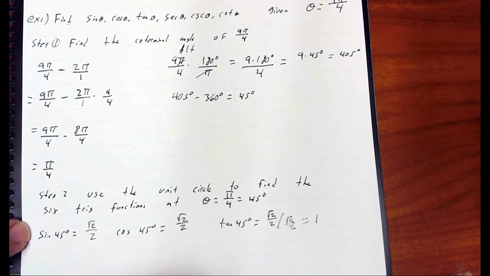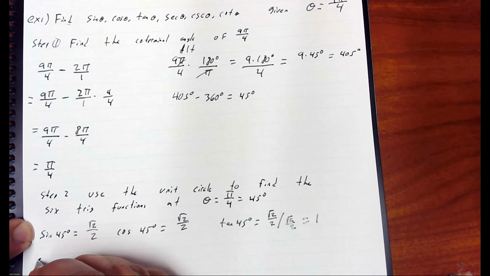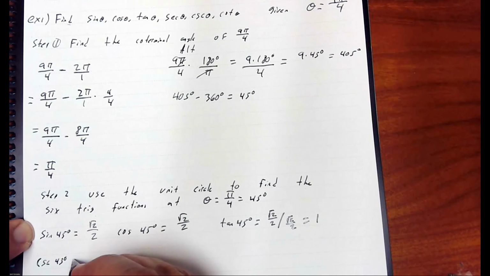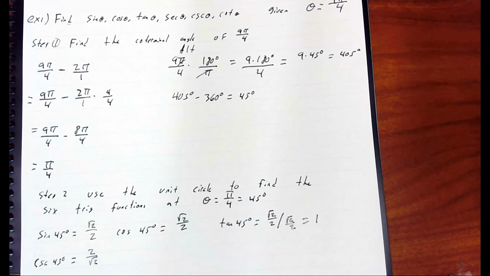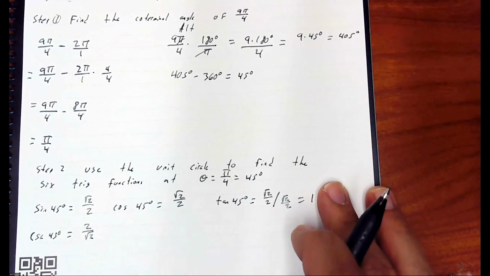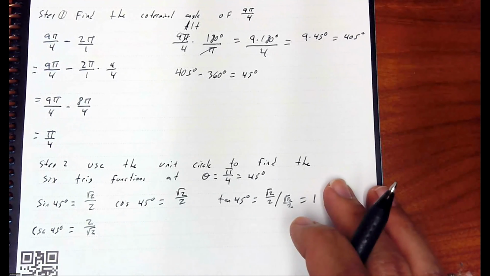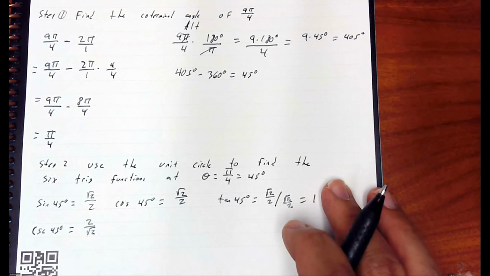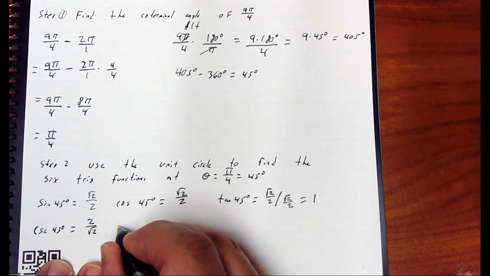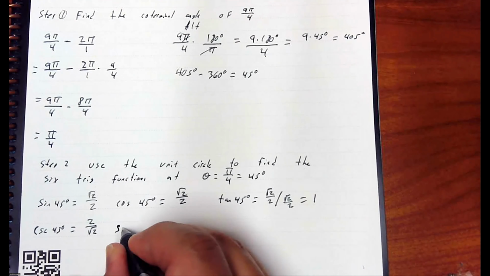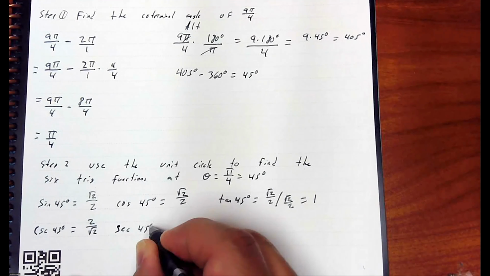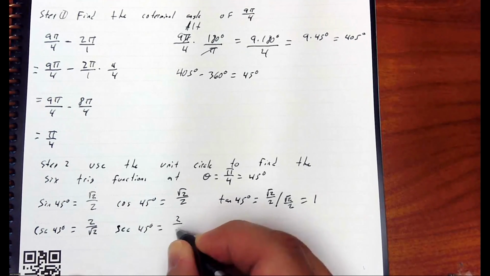Now let's go ahead and do the reciprocals. Cosecant is a reciprocal of sine. So that'll be 2 over root 2. Secant of 45 will be the reciprocal of cosine.